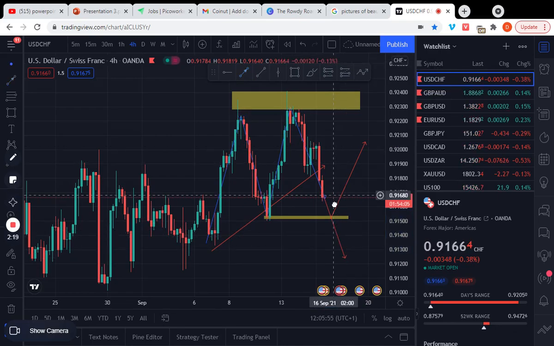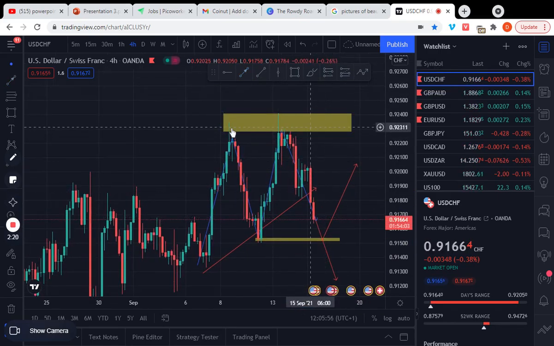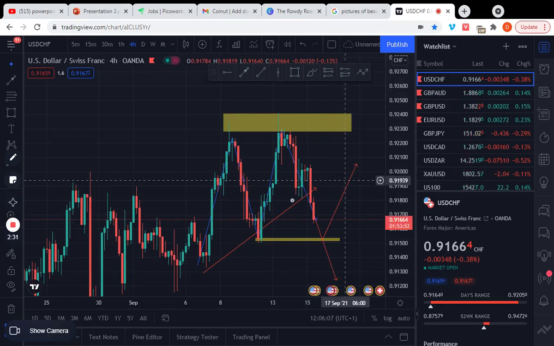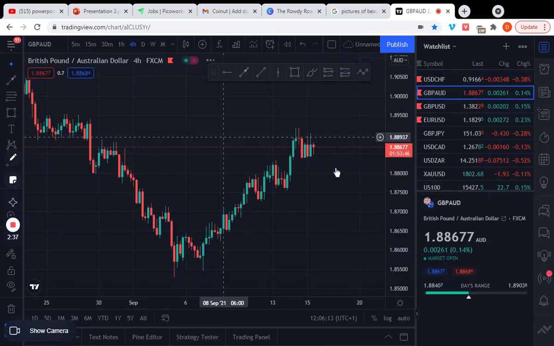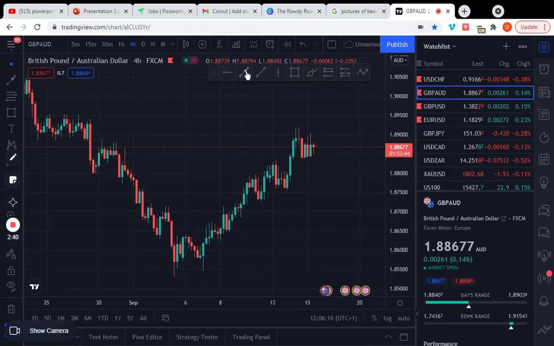If not that, we'll only see USDCHF breaking above this high to continue to the upside. If any of these scenarios does not happen, then we are sitting our hands off this USDCHF.